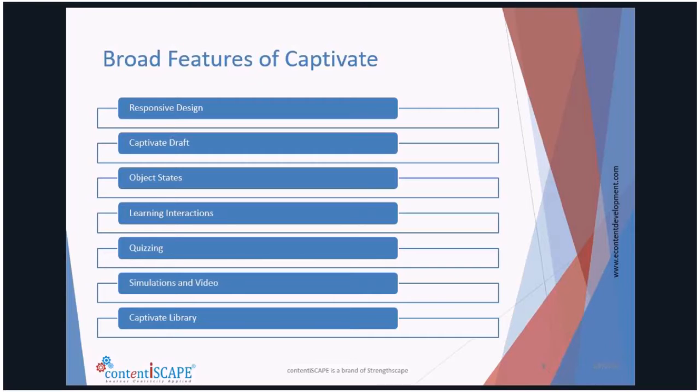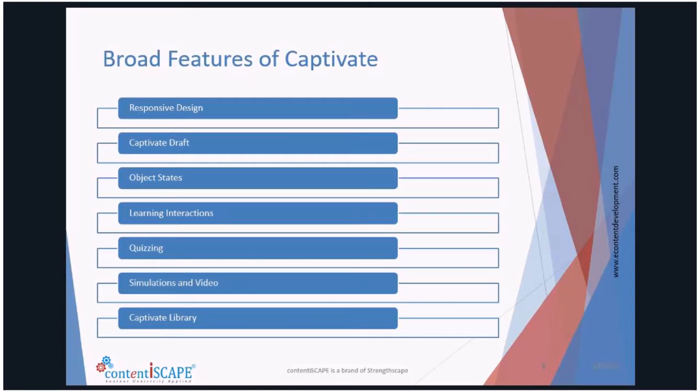Like if there is an object and you want to show whether it is visited or clicked or something, we can use this feature to show the current state of an object, like the current object is clicked or viewed, or it's done. There are different views of an object. We can achieve this by using object states.